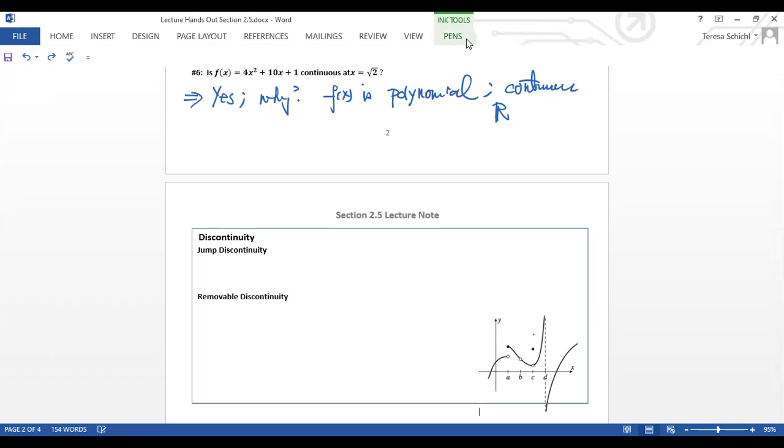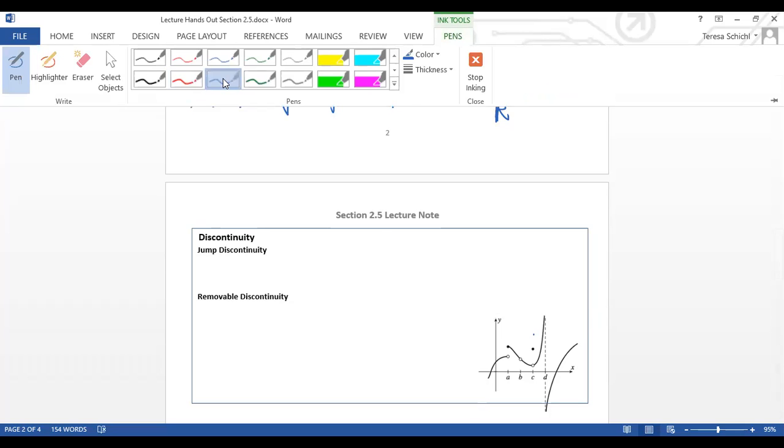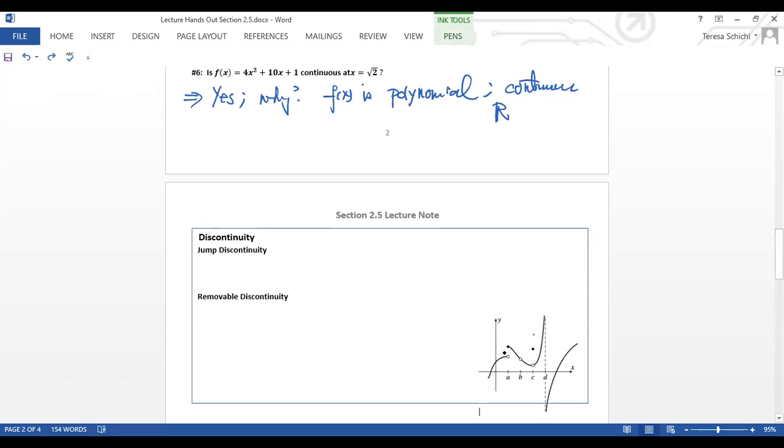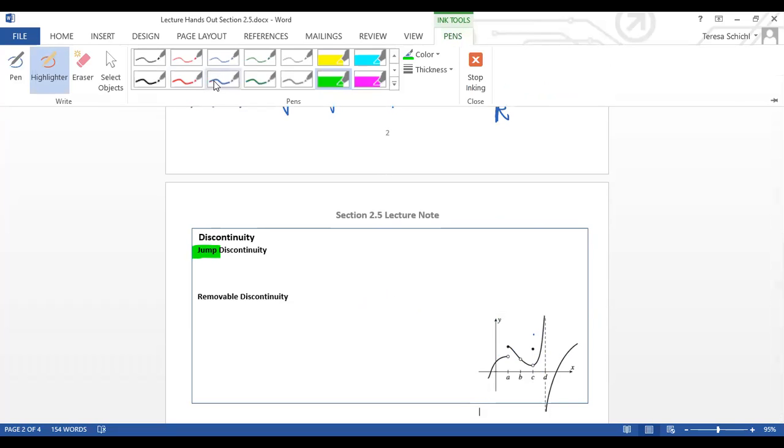So the discontinuities here, obviously this function is discontinuous, right? Because I have a breaking point. So we have two kinds of discontinuity. The first one, we call this a jump discontinuity. The jump discontinuity from the graph is very easy.